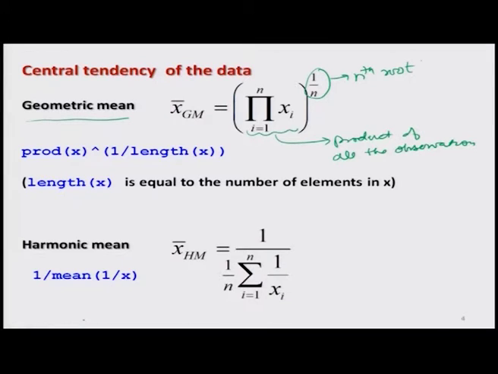In R, there is no direct function to compute the geometric mean, just like the arithmetic mean. So, what I want to show you here is that this can be computed directly using some other functions. For example, this is the syntax of the geometric mean.